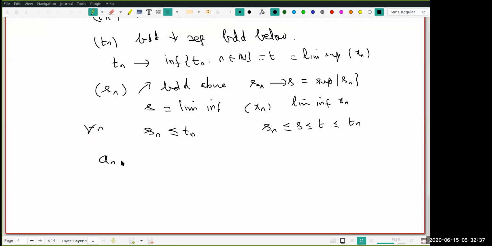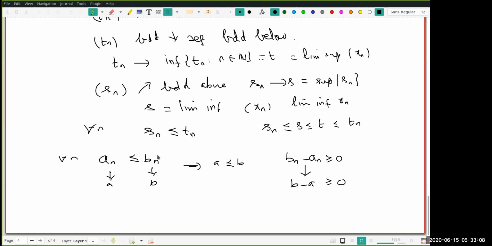If an is less than or equal to bn for all n, and if an converges to a and bn converges to b, then I claim a is less than or equal to b. That is very easy, because bn minus an is greater than or equal to 0, and by the algebra of convergent sequences, it converges to b minus a. Therefore, b minus a must be greater than or equal to 0. So you get this result.